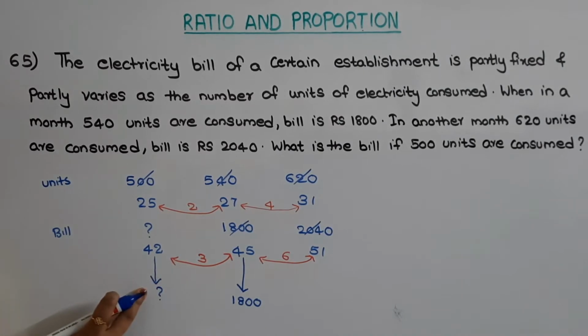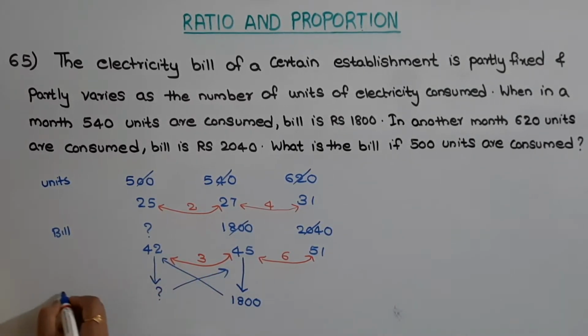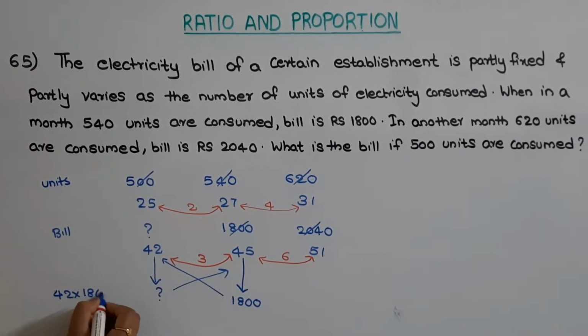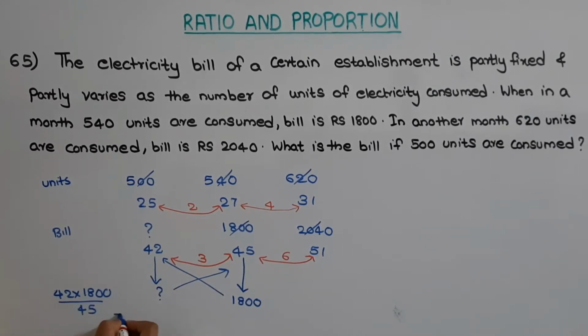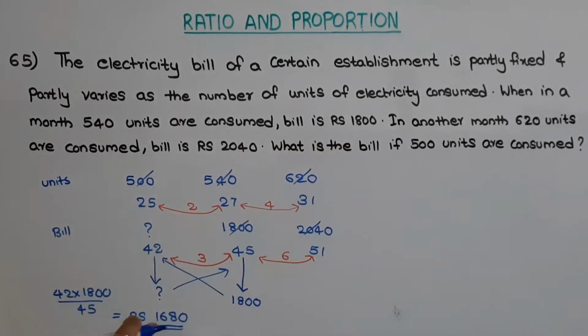This value can be found by cross multiplying, that is 42 into 1800 divided by 45. On solving this, you will get rupees 1680. So the bill when 500 units are consumed is rupees 1680.